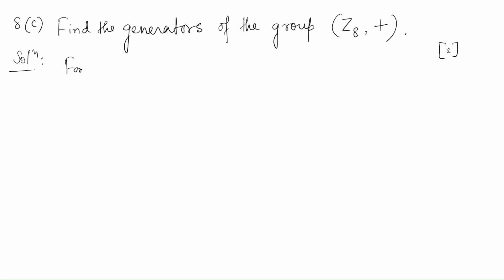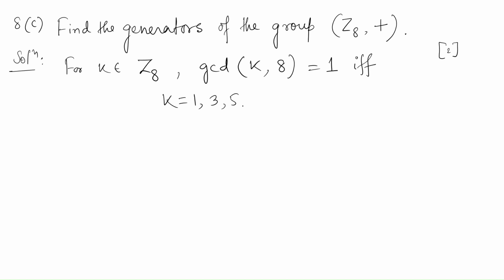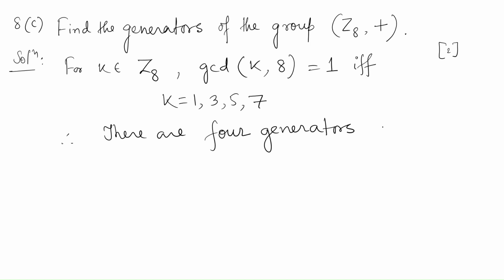For any k belongs to Z8, GCD of k and 8 is 1 if and only if k equals 1, 3, 5, 7. Therefore, there are 4 generators.